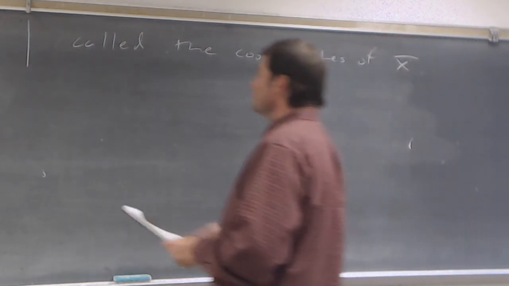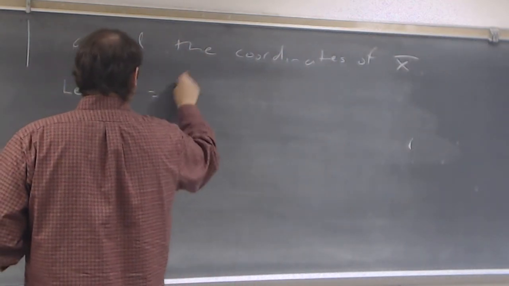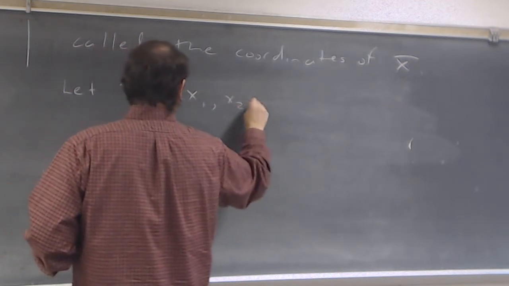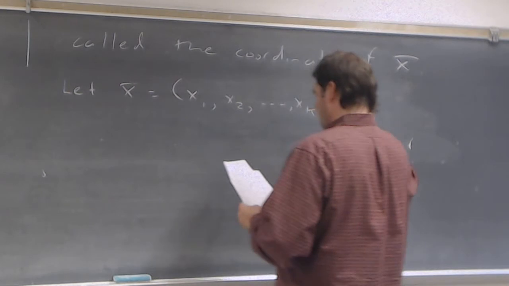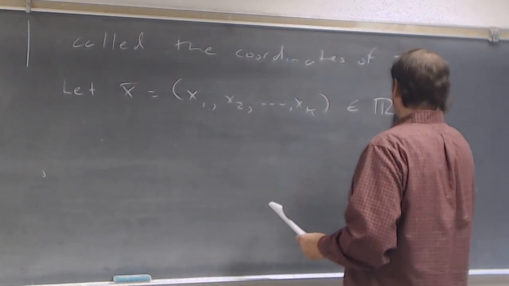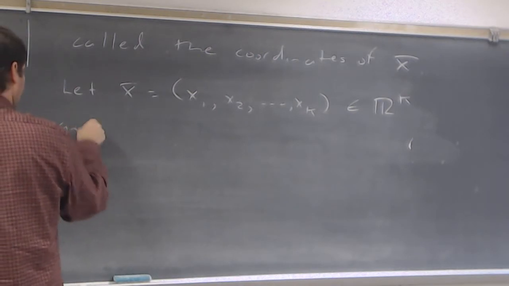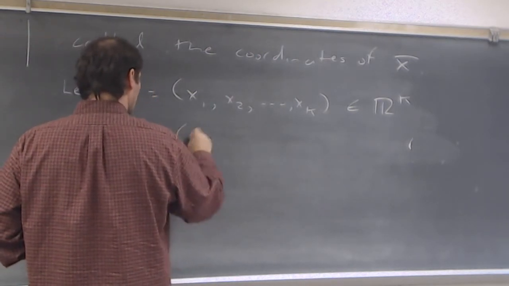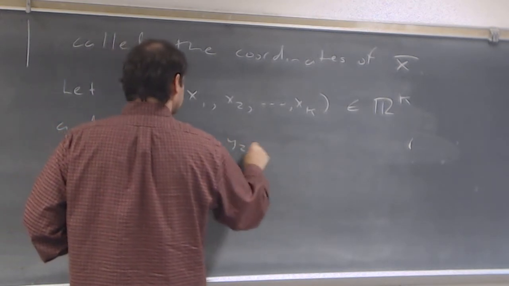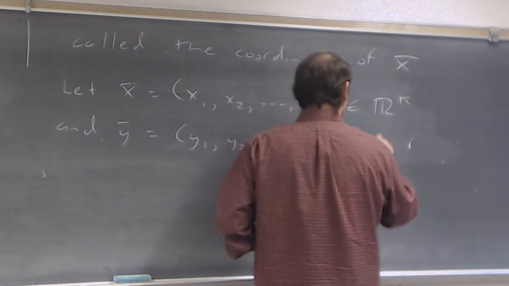Now, let x bar equal to x1, x2, all the way up to xk be in R^k. So each one of these coordinates is a real number. And we let y bar be equal to y1, y2, up to yk, the elements of R^k.